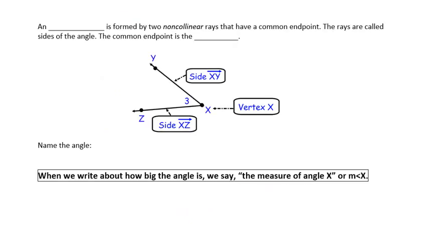Now, when we start to talk about angles, an angle is formed by 2 non-collinear rays that have a common endpoint. So when they say 2 non-collinear rays, they mean rays that are not sitting right on top of each other, or not opposite necessarily.